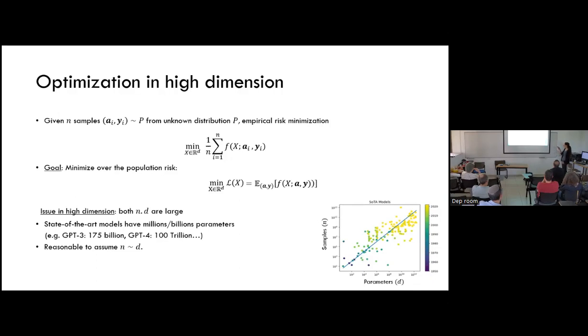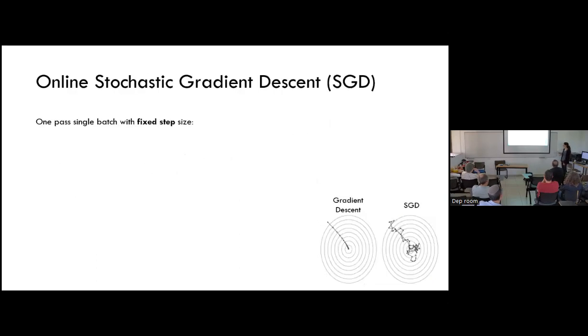So let's discuss a little bit how we actually do this minimization. I will discuss one possible optimization algorithm. There are many others that one can consider. What I will talk about is called online stochastic gradient descent. First of all, if you want to do this minimization, the simple thing you would do is gradient descent, right?